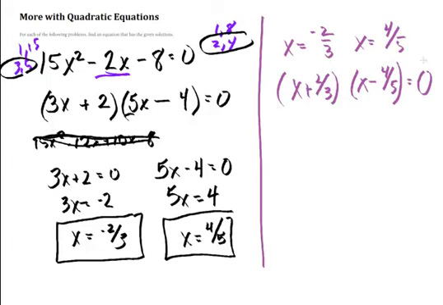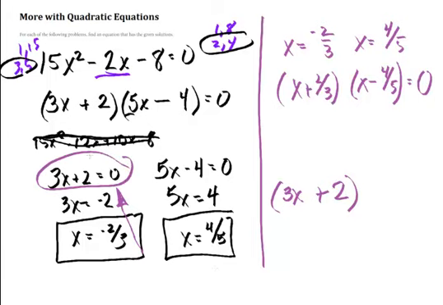If you don't want to deal with the fractions, just kind of work backwards from here and say, okay, well, if the answer was negative 2/3, I know I had to have a plus there. I know it was divided by 3, so that's got to be a 3x there, and then the 2 had to have been here. And look, that is what would have happened.